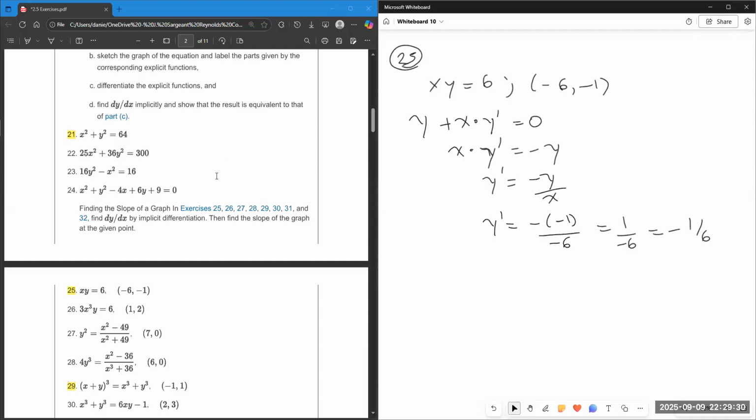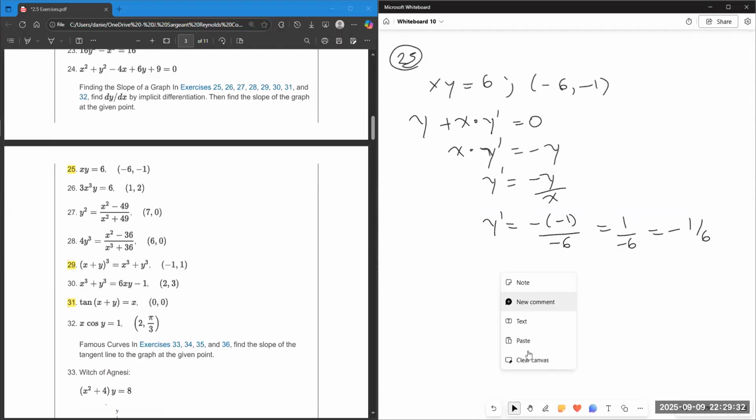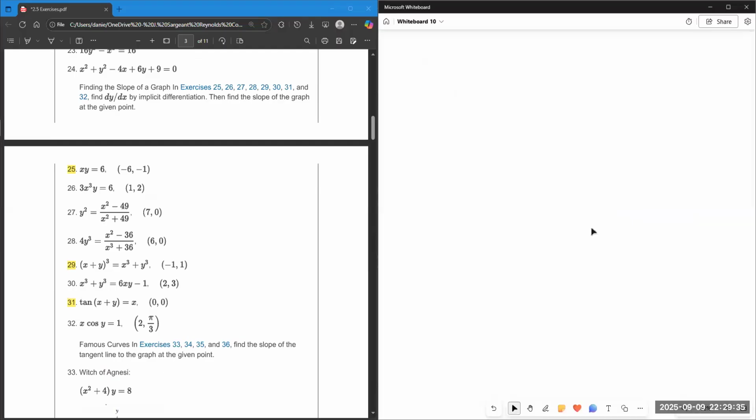Let's look now at 29. 29 says x plus y to the third is equal to x cubed plus y cubed. And we're at the point -1, 1.